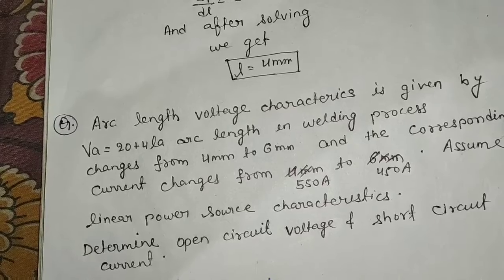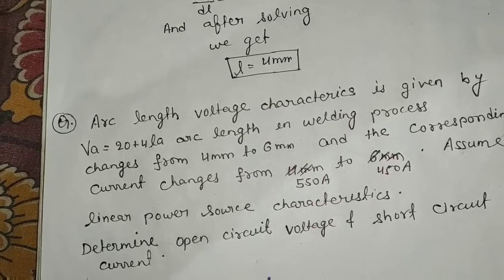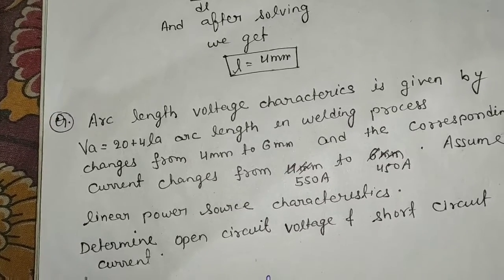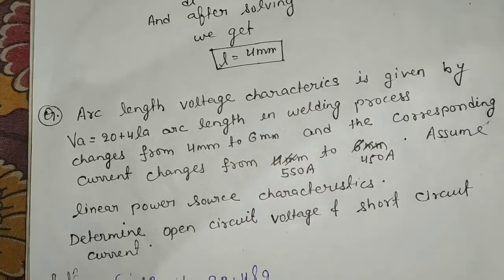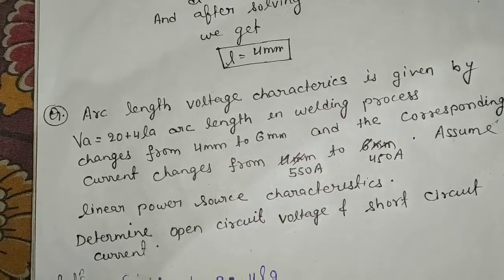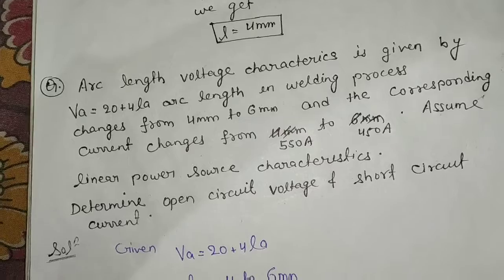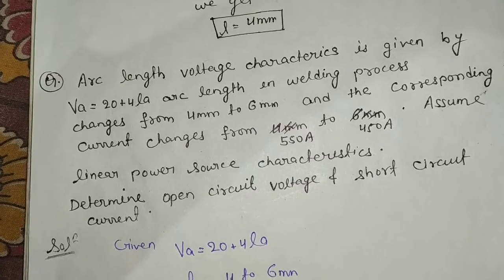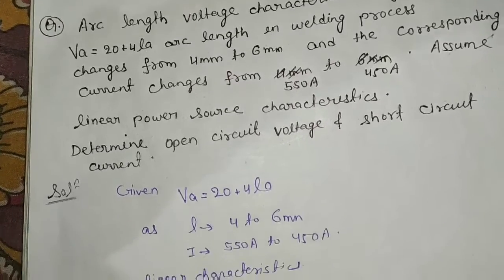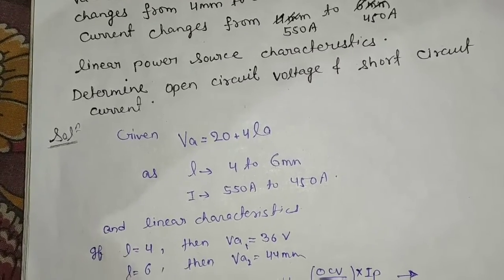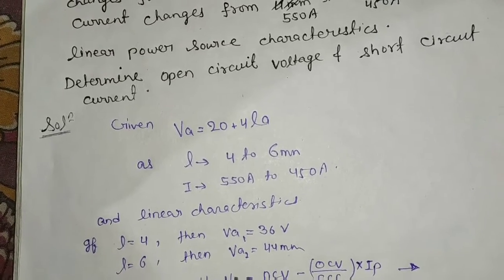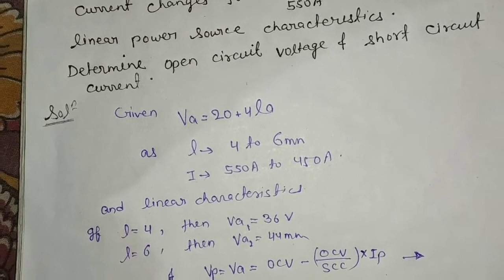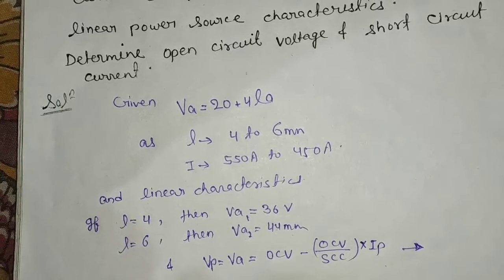It is noticed that if L increases, current will decrease; these two are inversely proportional. It is also given that the power source is linear, and we have to determine open circuit voltage and short circuit current.